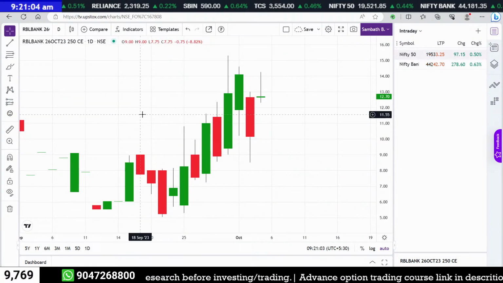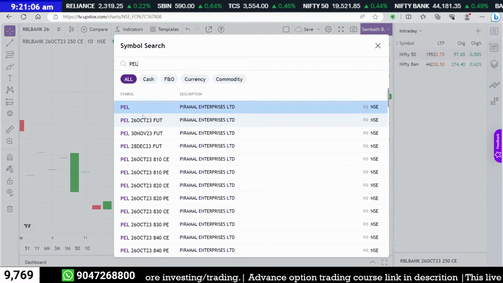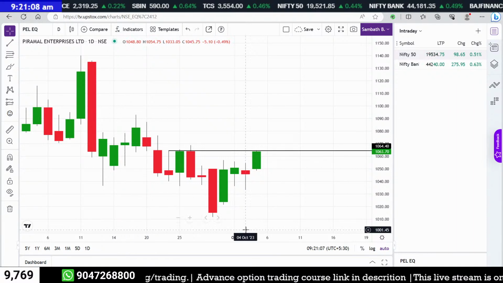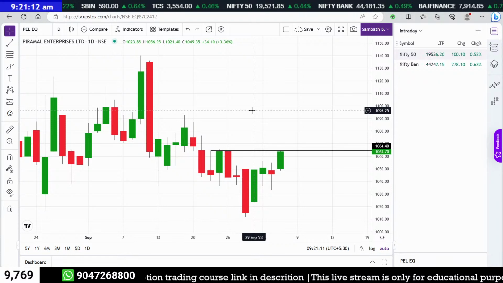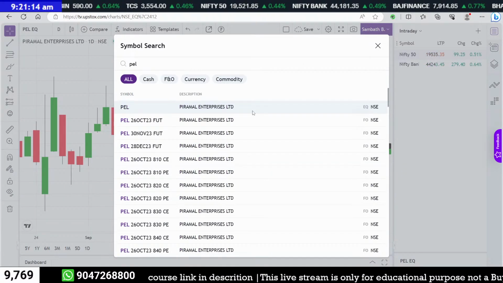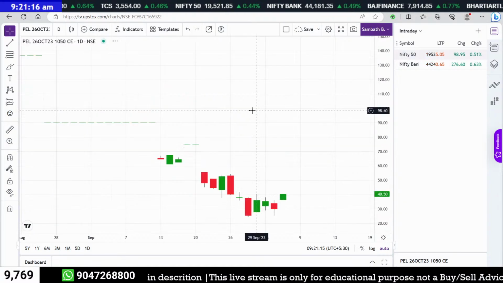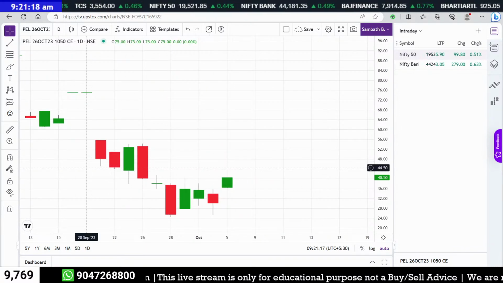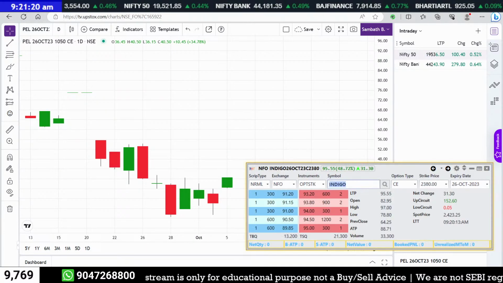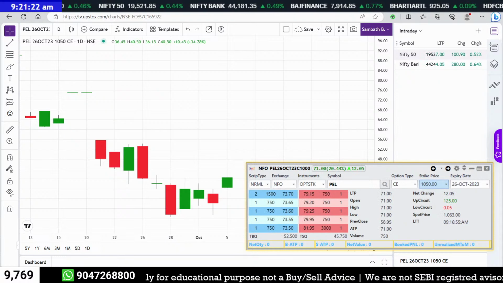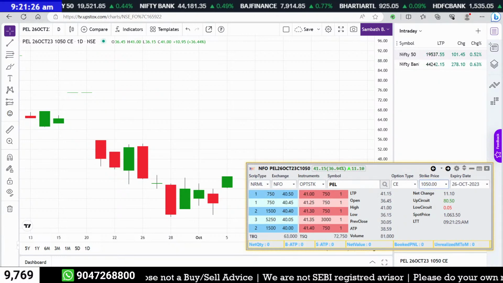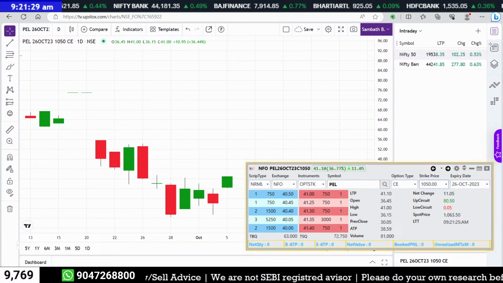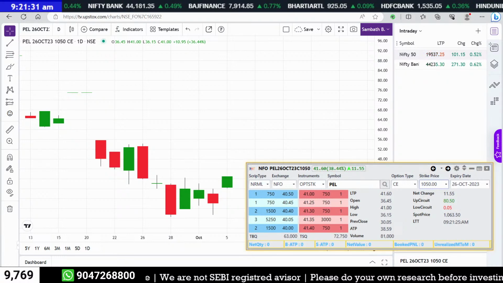PEL 1050. I think previously we marked some level. PEL 1050 call option is trading at 40.5. So liquidity, volume is 76,000, that's good volume. The lot size is around 750.